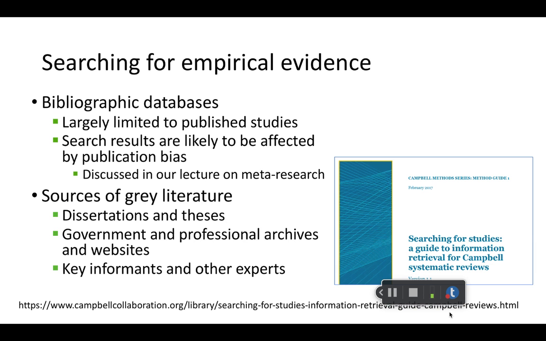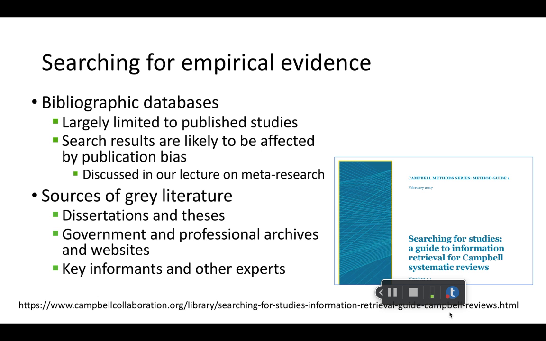So in searching for empirical evidence, we typically begin with bibliographic databases, the electronic databases available to us through our library. A problem here is that these sources are largely limited to published studies, peer-reviewed studies, and those results are likely to be affected by publication bias.